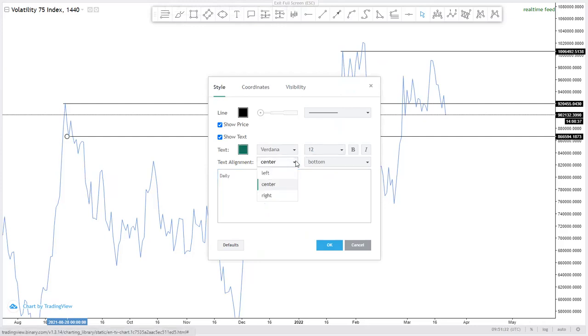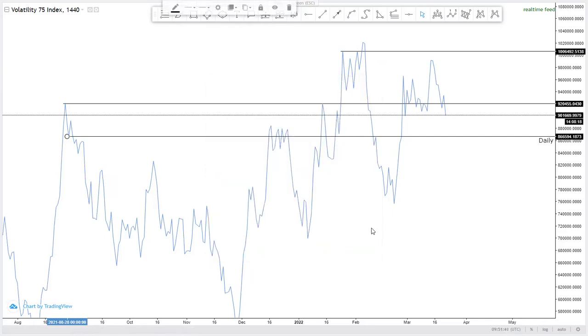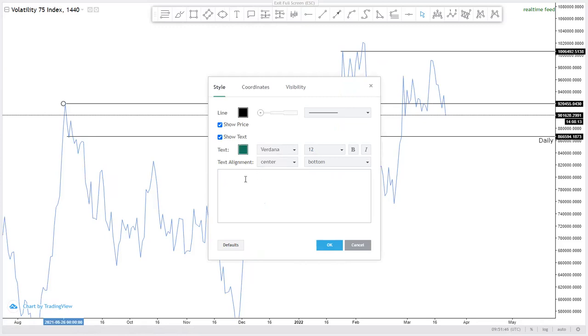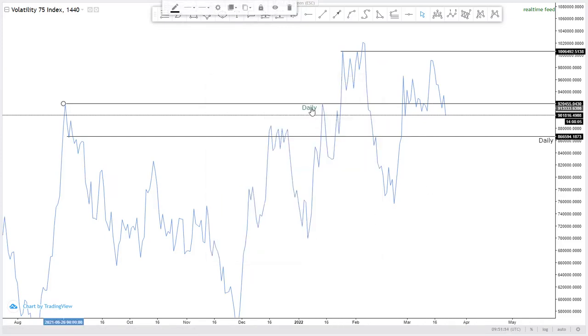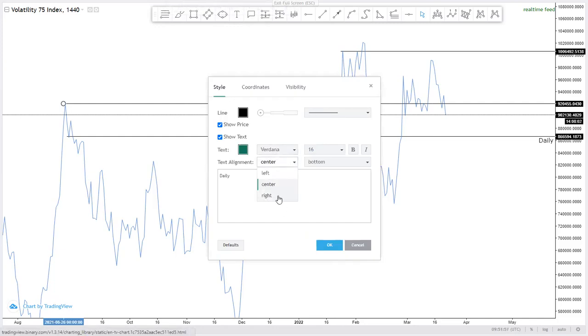Daily like that, to the right. That's a daily. This one as well, we do the same. We label it daily like that. Okay, let me place it to the right on the bottom like that.